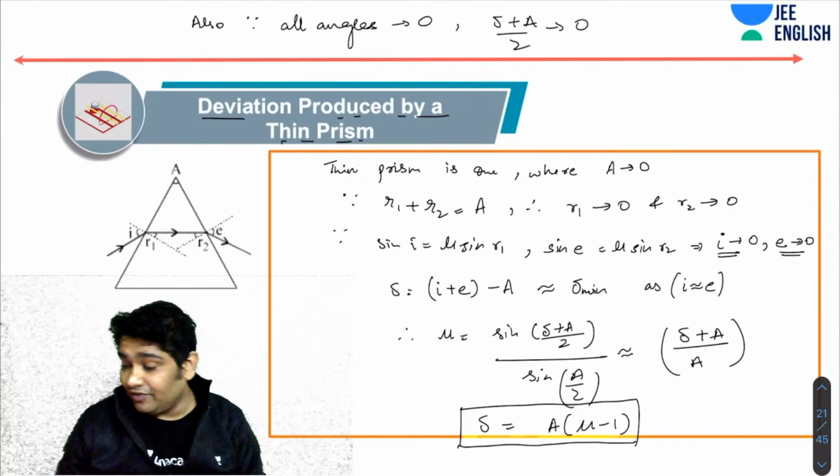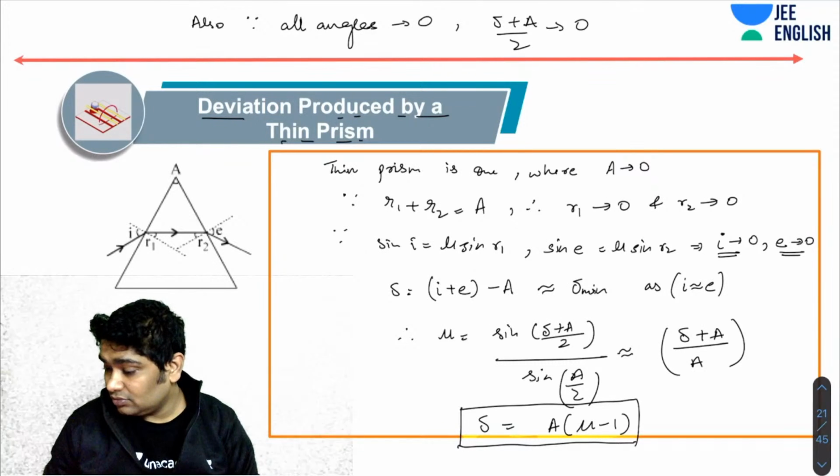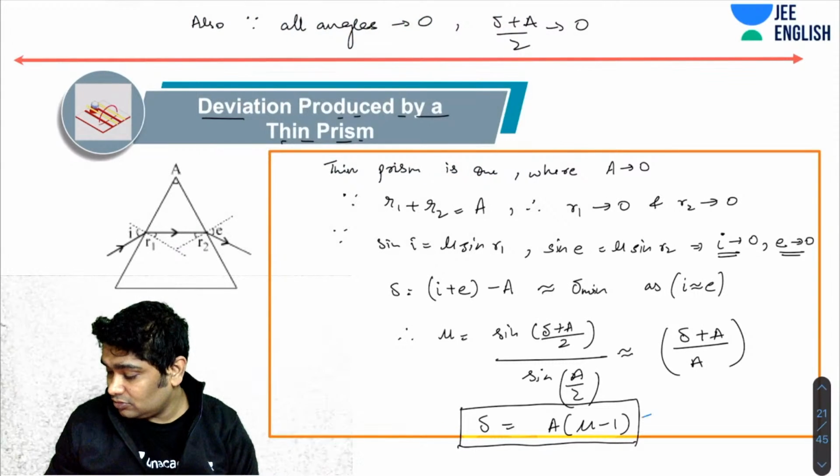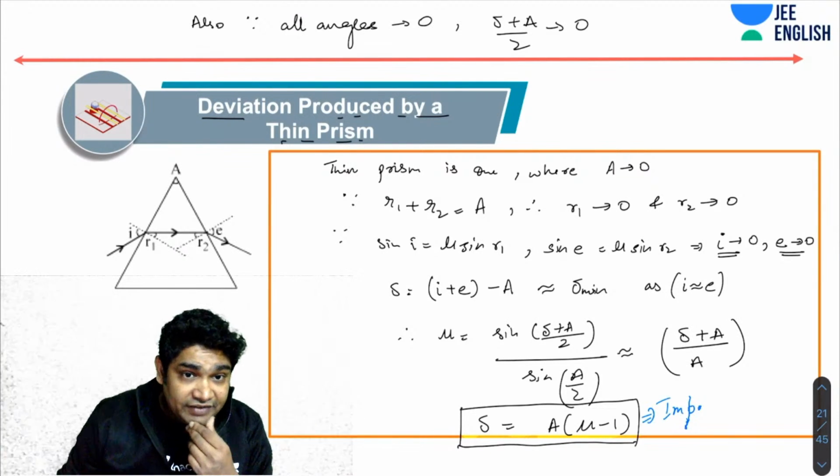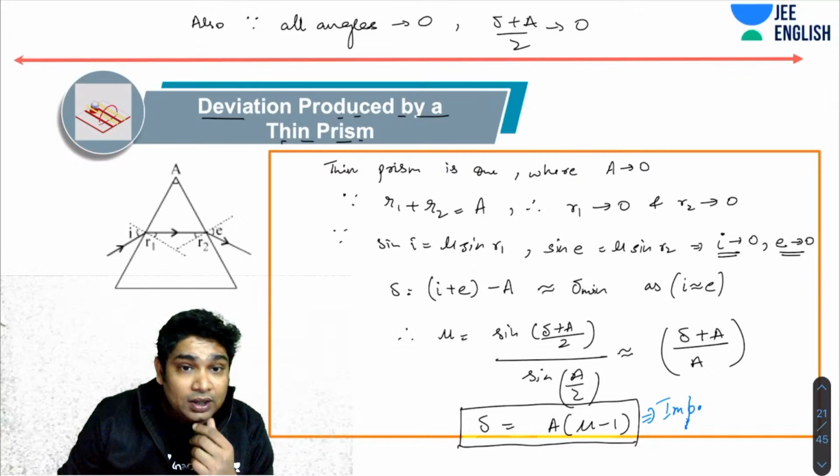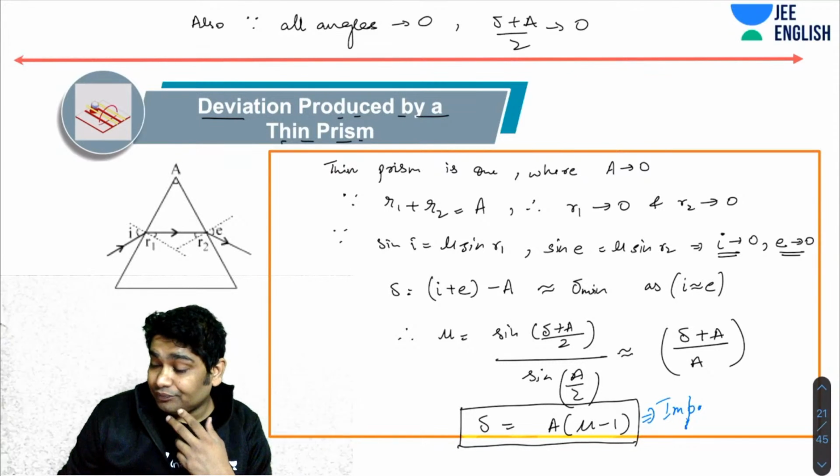So remember this, very, very important. Must remember this formula. This is the deviation produced by a thin prism. It is A times mu minus 1.